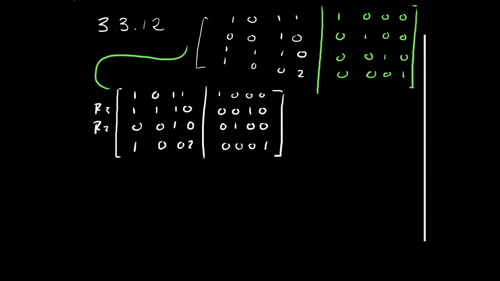So what I need to do now is go for a 0 here and here. So maybe I'll change colors. So I'm going to again leave the top row as it is. I'm going to take, in this case, row 2, and I'm going to subtract off the top row, which will give me a 0. 1 minus 0 is 1.